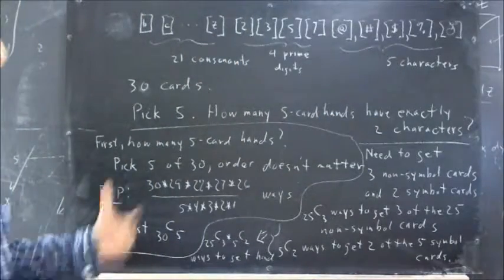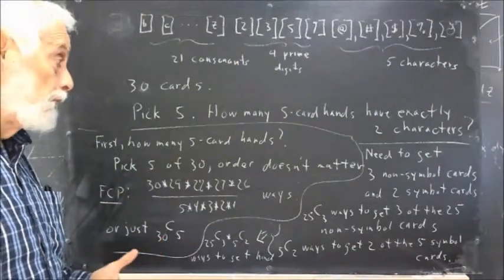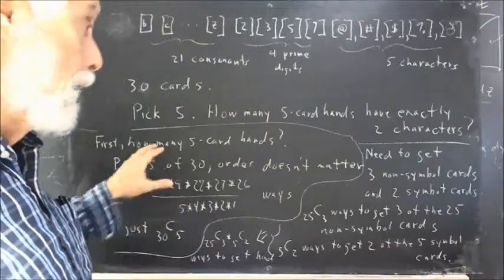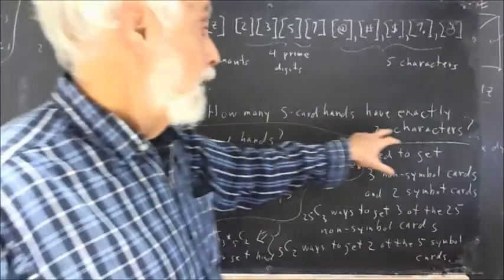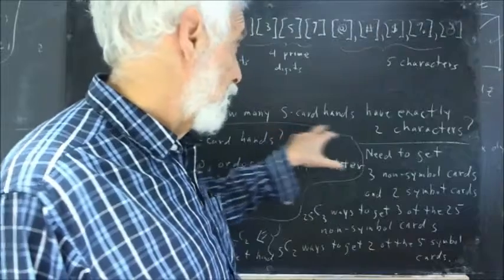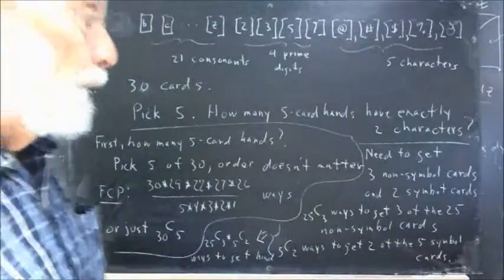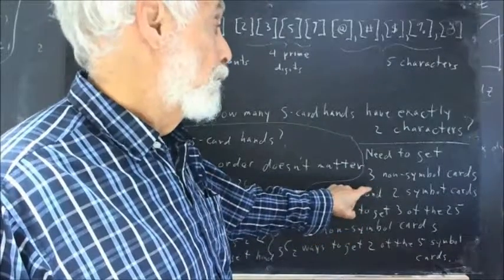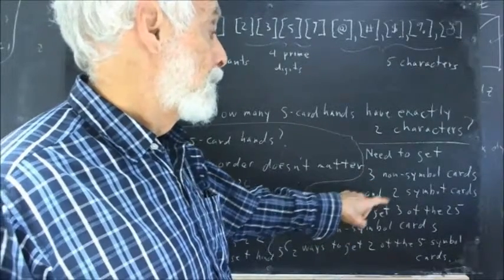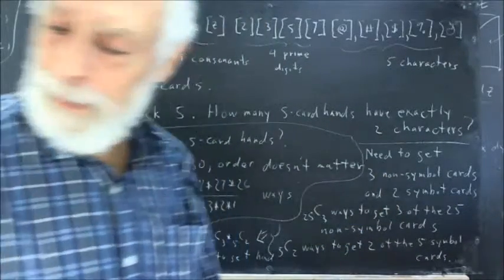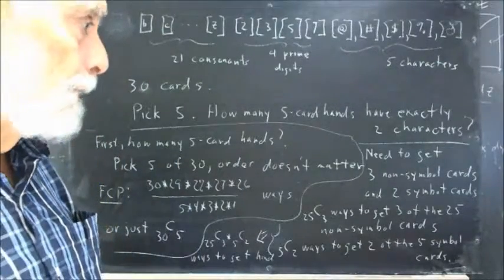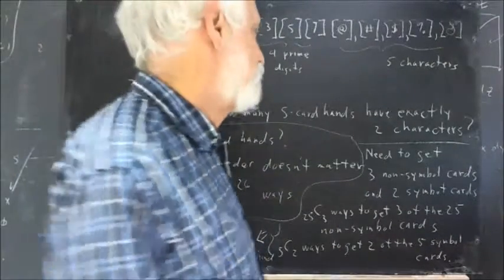Well, you should be thinking through these before you watch me do them. I keep reminding you of that. But in order to get a 5 card hand with exactly 2 character cards, what we need to do is get 3 non-symbol cards. Now I'm using the words symbol and character. Symbol's a shorter word.